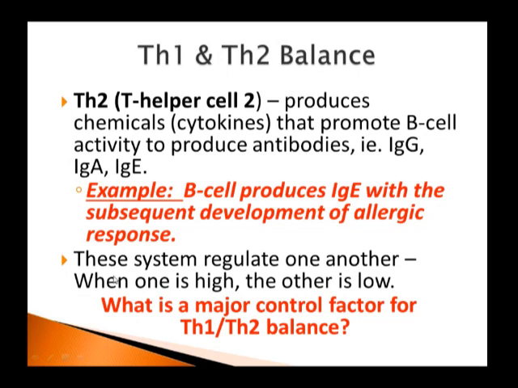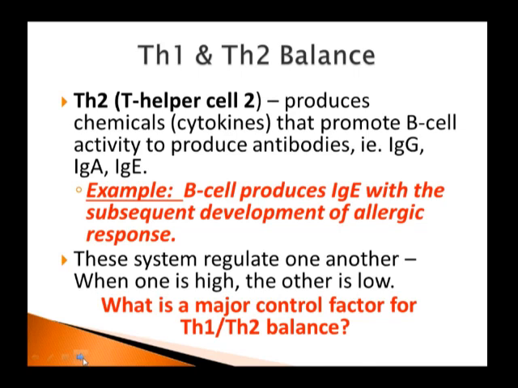So we then have to ask the question, what is it? Why would this system get out of balance one way or another? What is the control factor that controls a balance between Th1 and Th2?